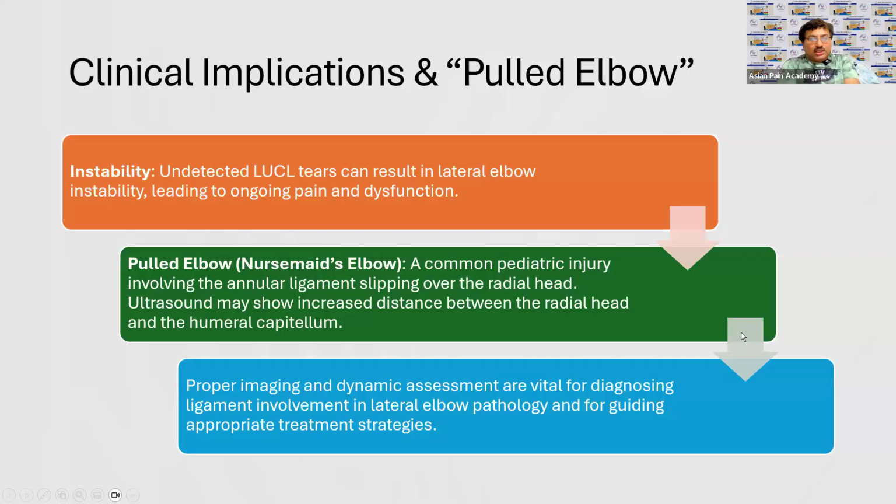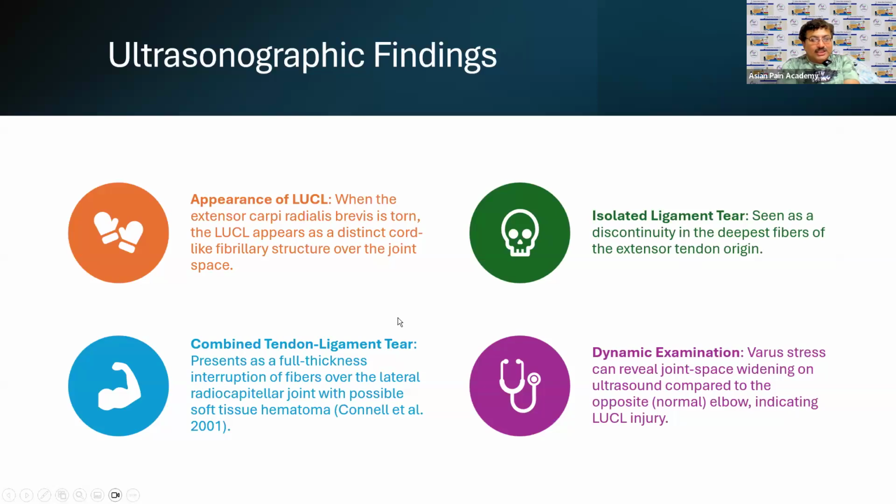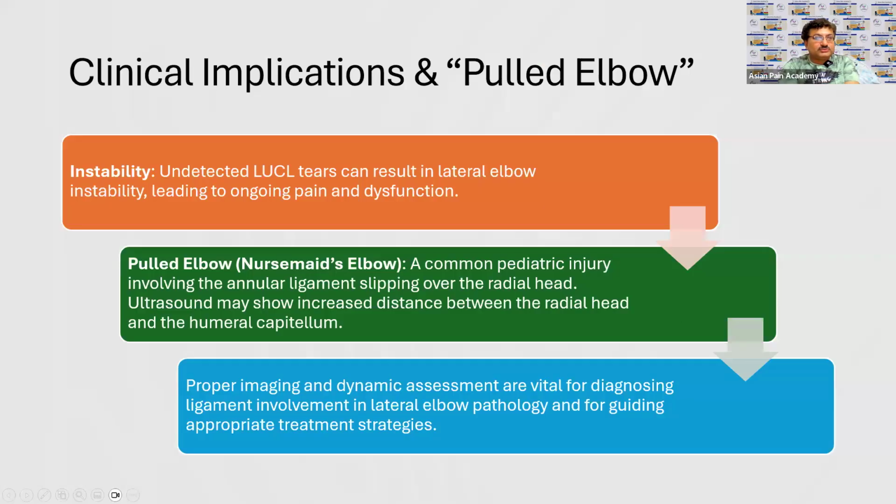There could be injury to the whole complex, or to the deepest fibers of the common extensor tendon origin as well. So we have to examine it, and if required, in early injuries a PRP injection can be performed, but advanced cases require surgery. In pulled elbow this can also happen in children.